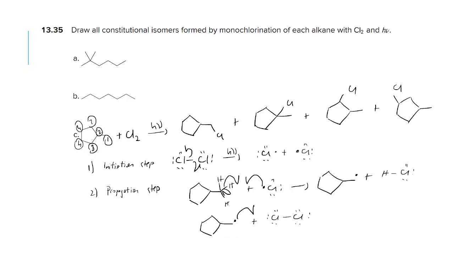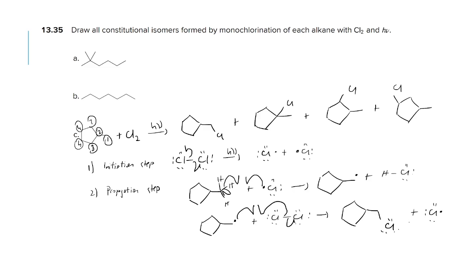The unpaired electron from the alkane is going to react with one of the electrons on the sigma bond between chlorine and chlorine. So alkane and chlorine combine, and the other electron on the sigma bond between chlorine and chlorine will stay with the other chlorine species. So we end up with the desired chlorination product. Let's show the lone pairs, plus another chlorine radical.